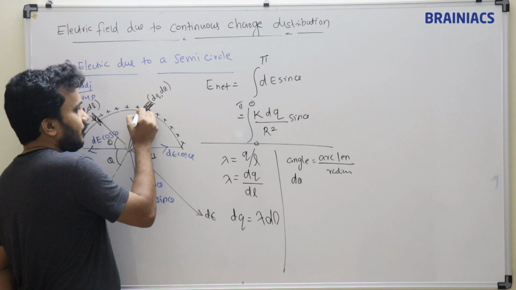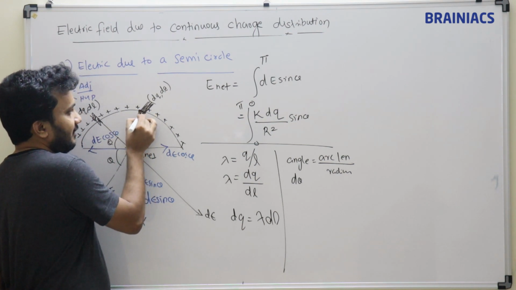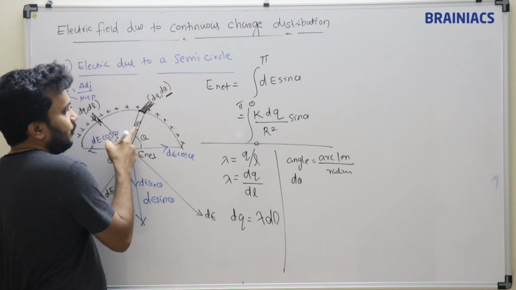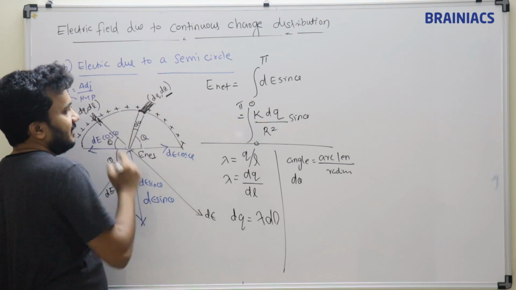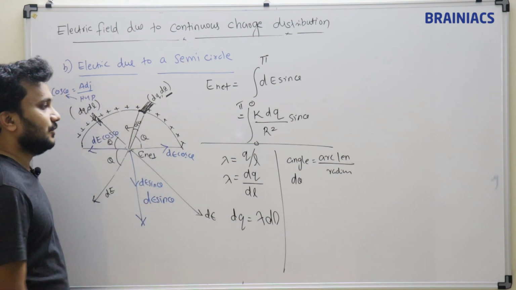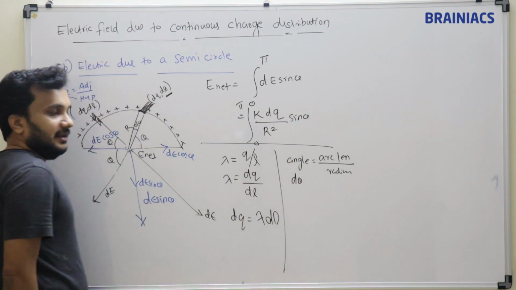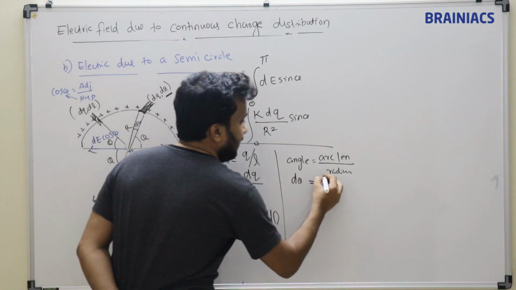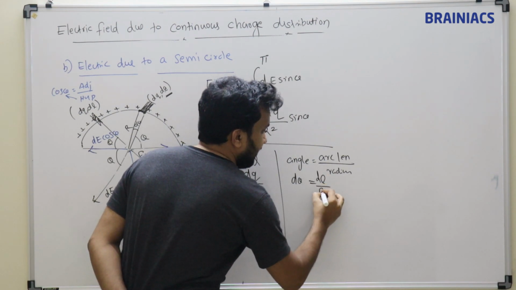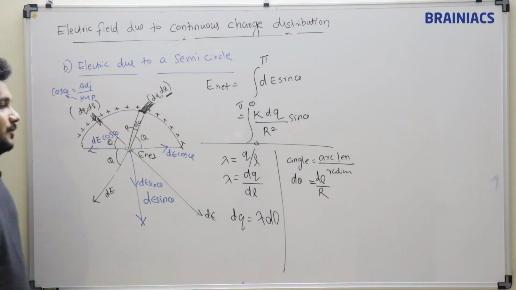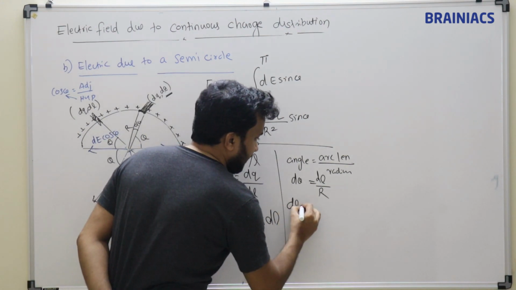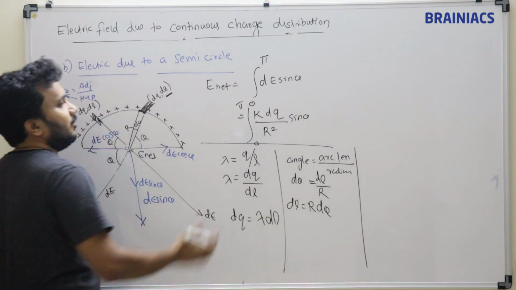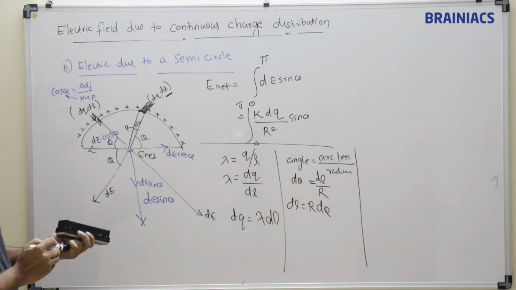So the angle is d theta, the arc length is dl, and the radius is r. Substituting, d theta is equal to dl divided by radius r. So I can say dl will be equal to r d theta. All these steps we are going to apply here and we'll see what is happening.